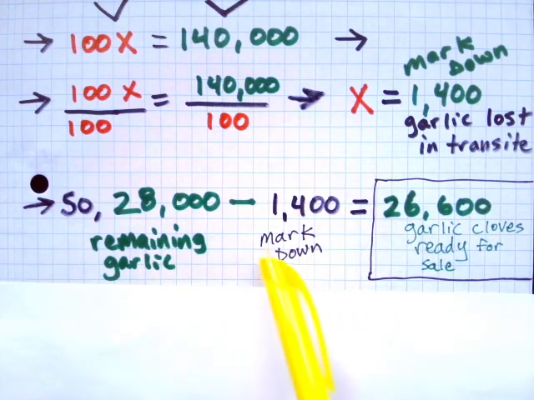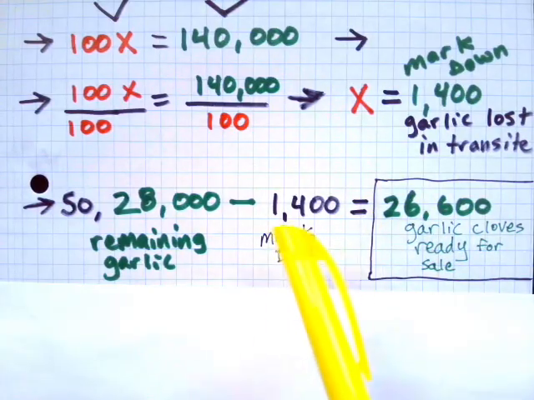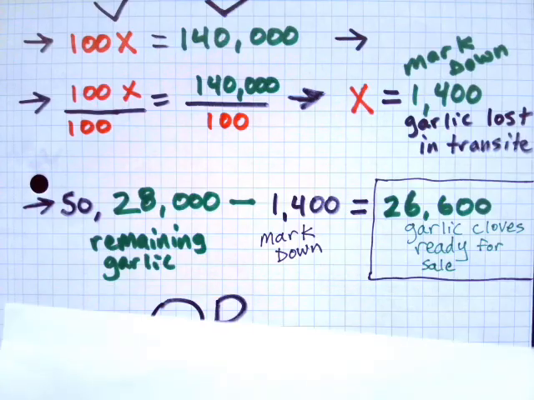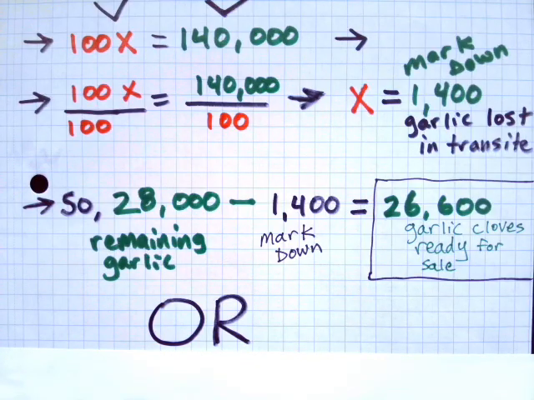We're going to subtract that because remember, those are the garlic cloves that got bounced out of that truck. Some of you drive down the freeway, maybe you've seen that before. Okay. And so what's remaining for market? We got 26,600. The answer for this particular question was A.